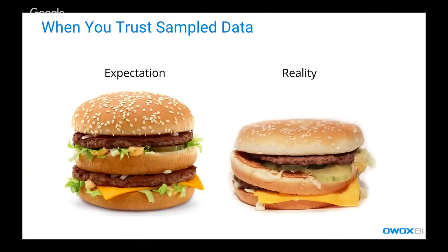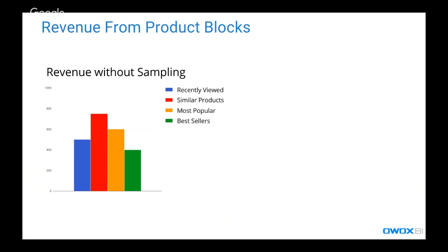You might expect that if this many users generated this behavior on the website, the rest will do the same. But unfortunately, at the end of the day, it turns out that it was just a small share of customers who did it this certain way. One example I like to show is evaluating revenue from product blocks.